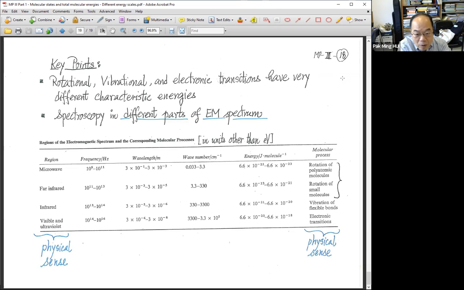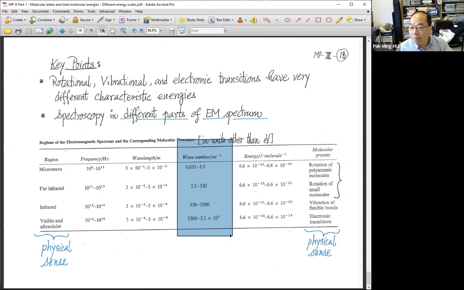Before we move on, this is high school physics, but I think it is good enough for year 3 students to know, because different units are being used, and you have to live with it sometimes. People doing spectroscopy usually give you a graph where the axis is centimeter inverse, the wave number.